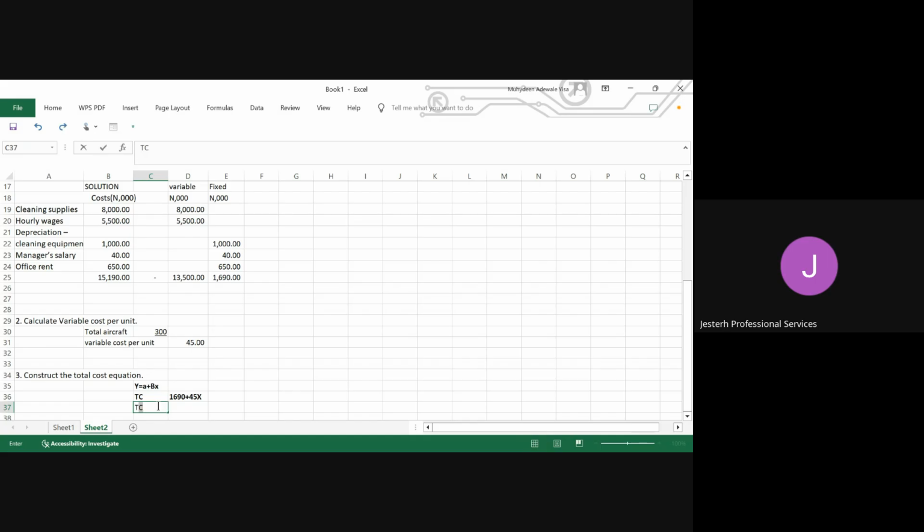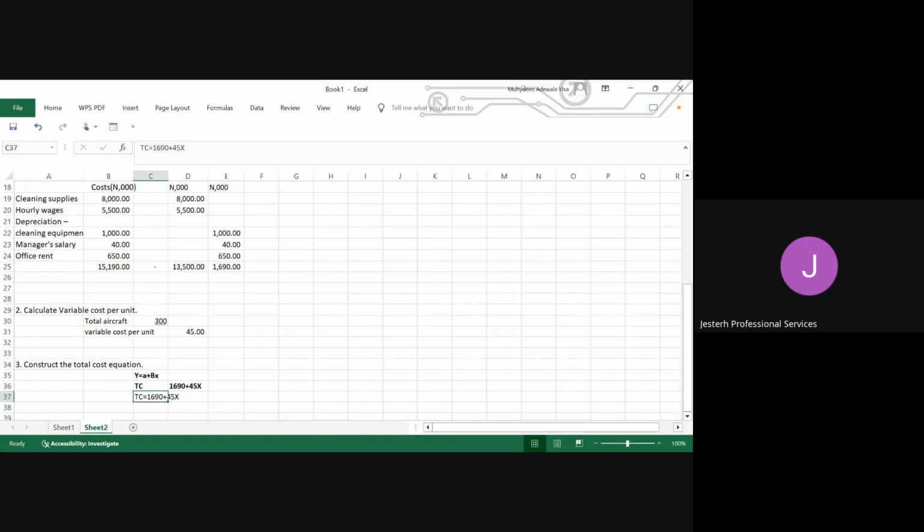We say total costs equal 160, just in case you do not get the 160, plus 45X. Now this is where explanatory entry 1 comes in.